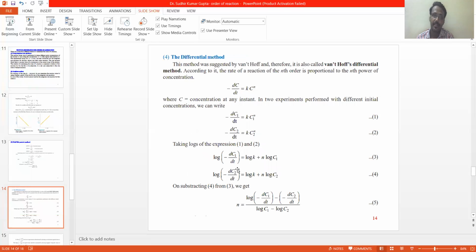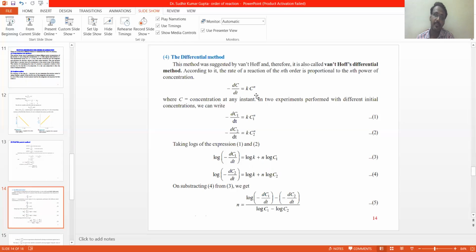Then we move towards the differential method. The differential method was suggested by Van 't Hoff, so it is also called the Van 't Hoff method. So if there is a reaction where the concentration of reactant is represented by C, the rate of reaction is the rate of disappearance of reactant, that is minus dC by dt.